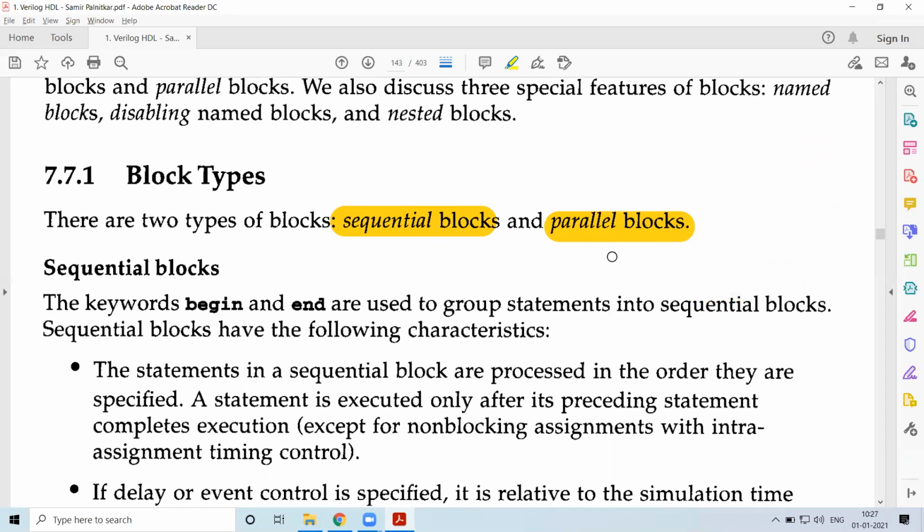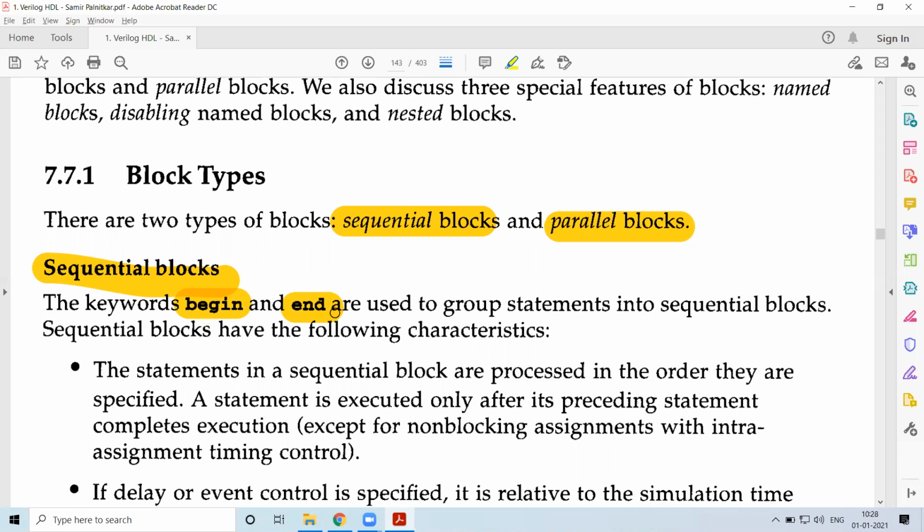Now, how do I identify whether the blocks are sequential or parallel? First we'll come to the sequential blocks. In sequential blocks, we use the keywords begin and end. Up till now, you have seen that we were using these in the examples. We were specifying begin and end for the modules and other blocks.